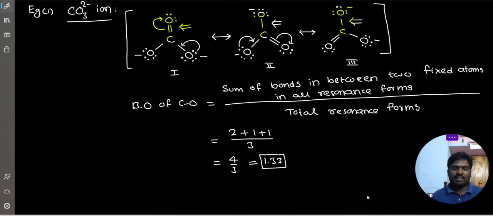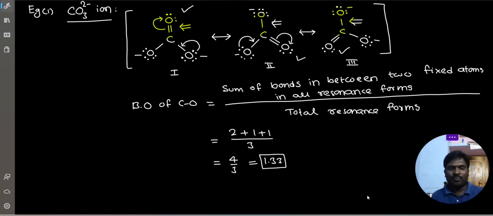This is the CO bond order in the carbonate ion: sum of the bonds in between two fixed atoms in all resonance forms by total resonance forms. Fixed atoms we have to take. Now here is another trick. How can you identify how many resonance forms are possible? Double bond in first position, second position, third position. Three resonance forms possible. I hope everyone understood this one.